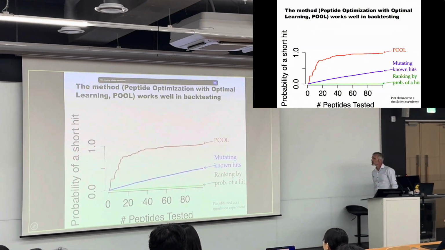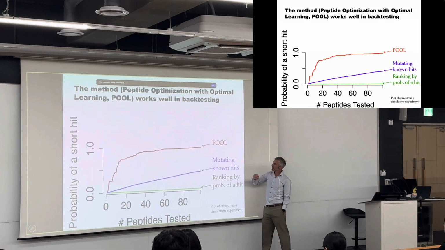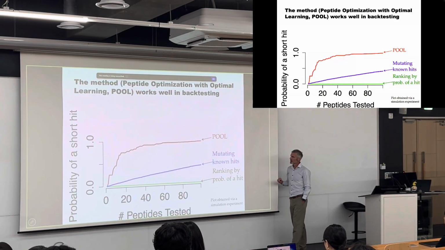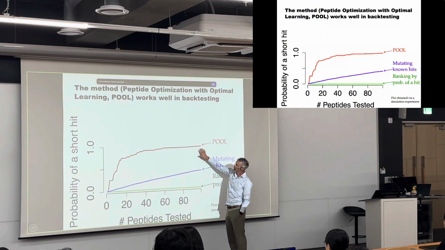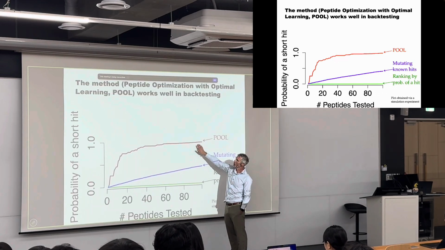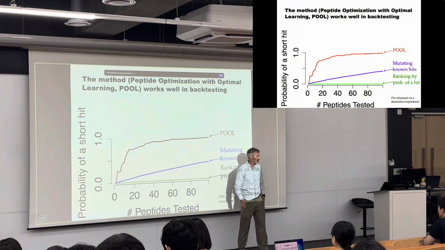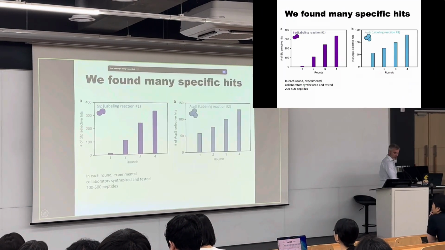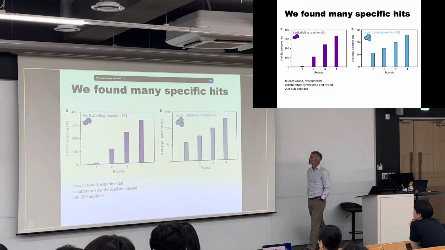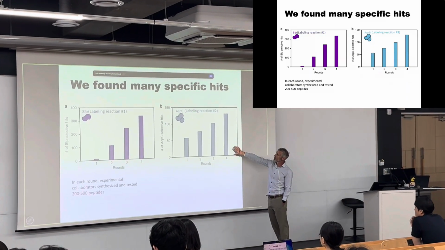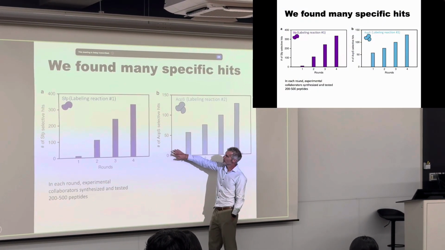Here are in silico results comparing our method, which is called peptide optimization with optimal learning, to a variety of other benchmark methods. In silico, we find the probability of finding a short hit, so that's a short peptide sequence that is specific, labeled by one reaction and not another, grows rapidly. And then we also demonstrated this experimentally over the course of 4 rounds of experiments, finding a number of peptides that were selectively labeled by these 2 different enzymatic reactions.